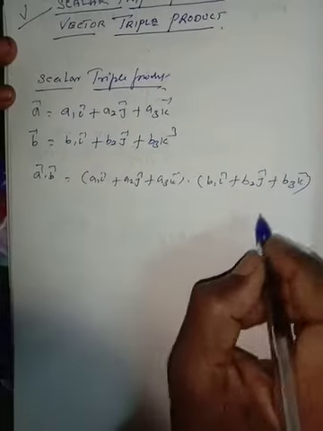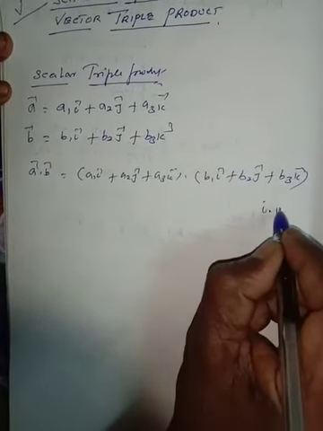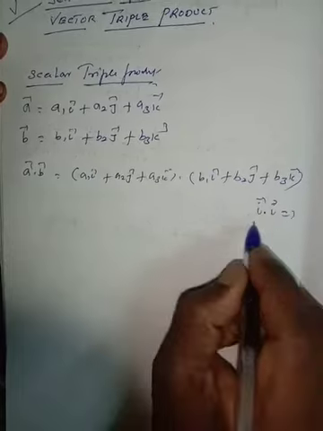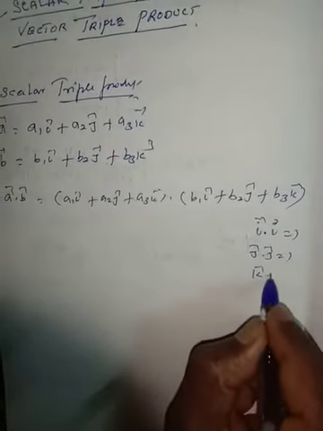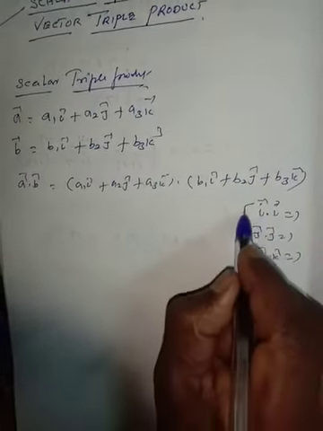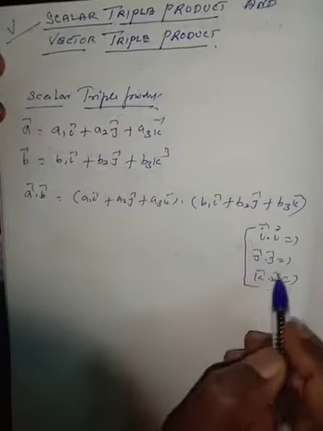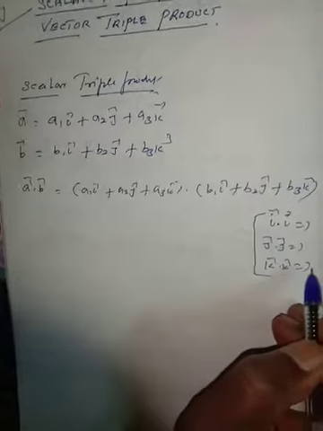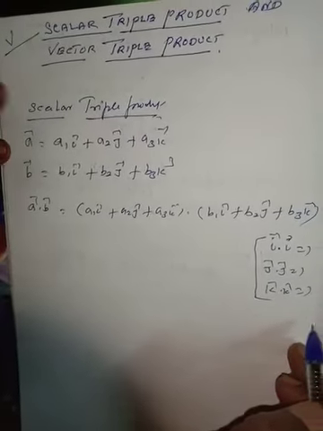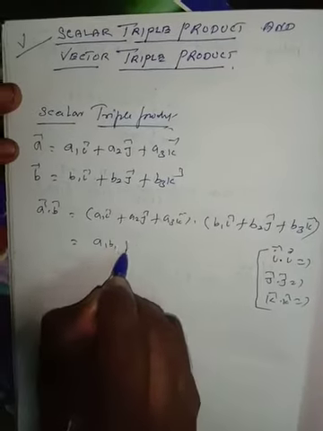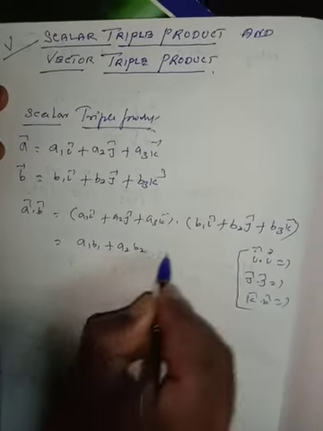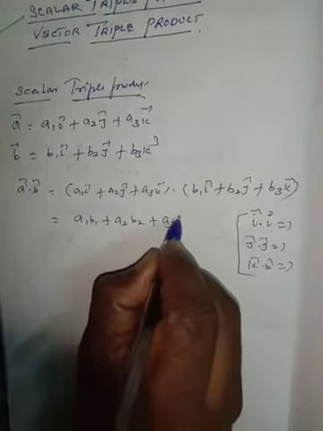We know that i dot i is 1, j vector dot j vector is 1, k vector dot k vector is 1. Using this we get a1 b1 plus a2 b2 plus a3 b3.